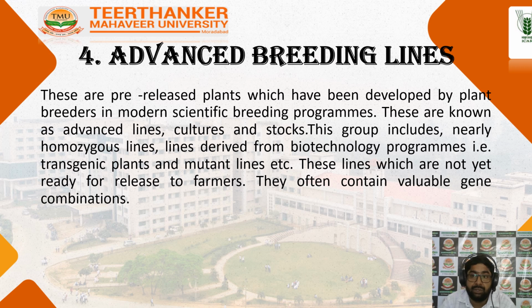This group includes nearly homozygous lines, lines derived from biotechnology programs, that is transgenic plants, and mutant lines. These lines, which are not yet ready for release to farmers, often contain valuable gene combinations.